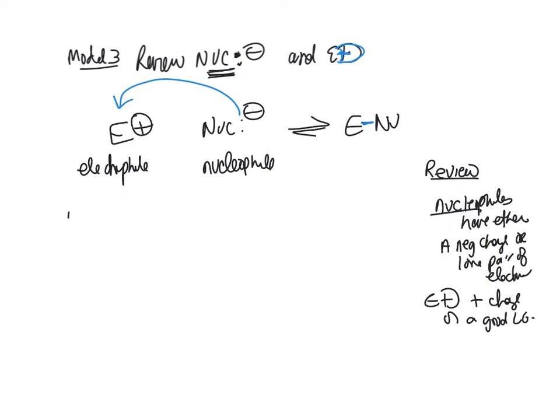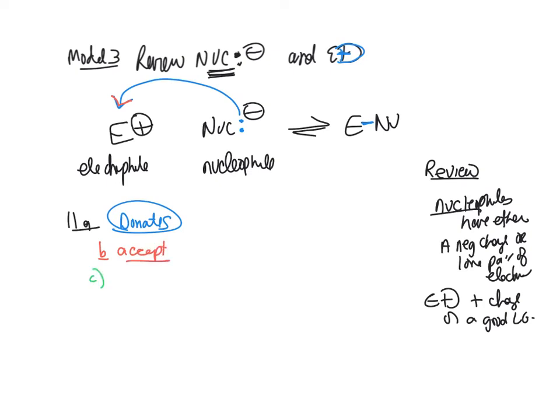So let's answer question 11. A. Consider the general reaction between a nucleophile and electrophile shown in Model 3. A nucleophile donates the electrons. Okay, so it's going to donate an electron pair. B. An electrophile will accept these electron pairs.